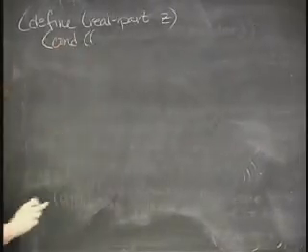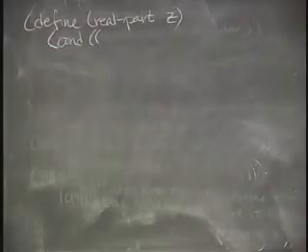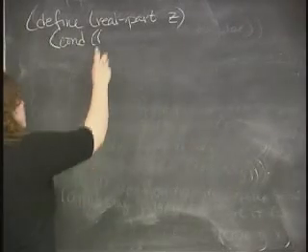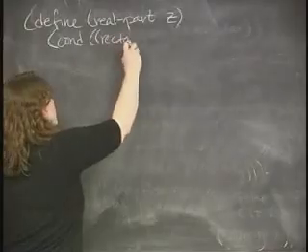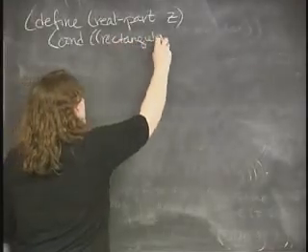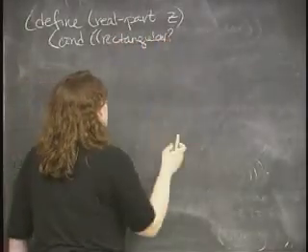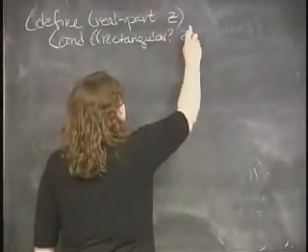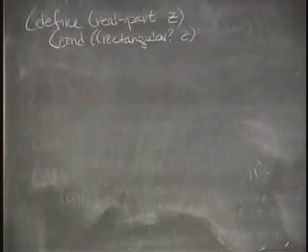Let's check, right? Do you remember what we have to test a number? Rectangular question mark. So we can say rectangular question mark z. Now, if the number is rectangular, what do we want to do here?